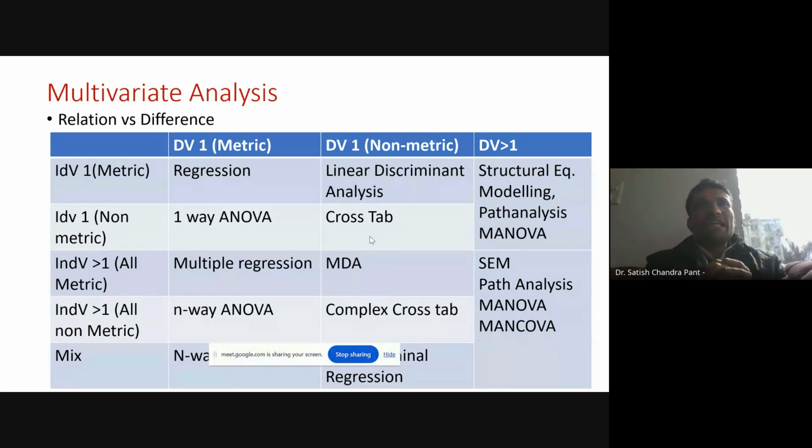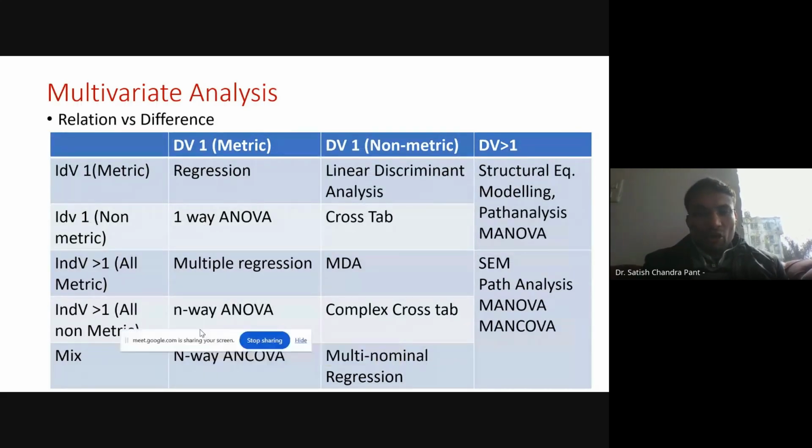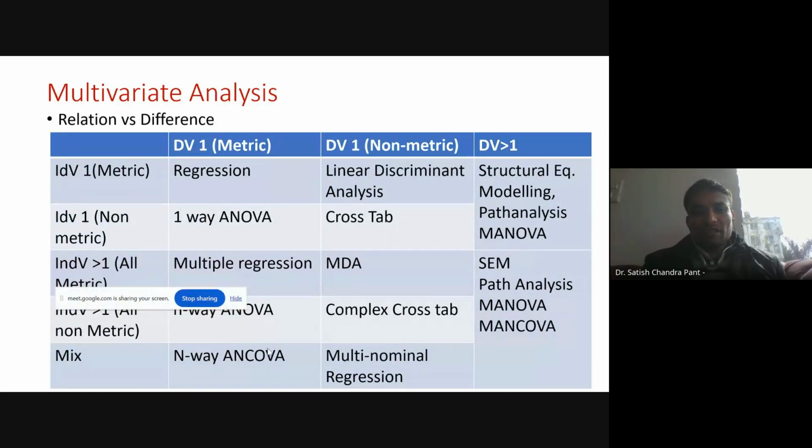So in that case, if it is hypothesis testing with a t-test, whether independent, dependent, or paired t-test, you will find that t-test is a test. However, if it is a regression or discriminant analysis or ANOVA or MANOVA or SEM, or multinomial regression, these are techniques, right? Now what is the test?